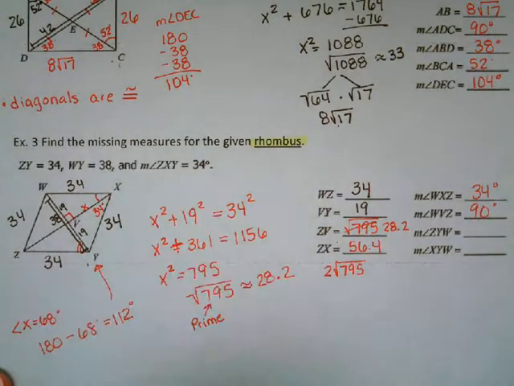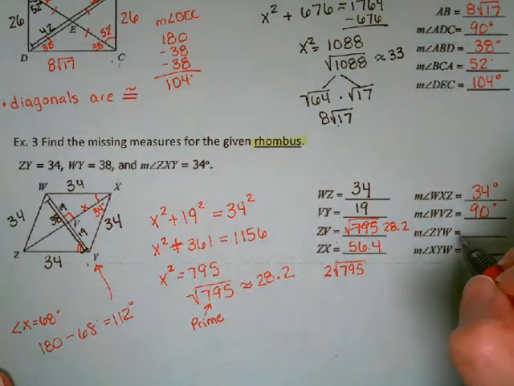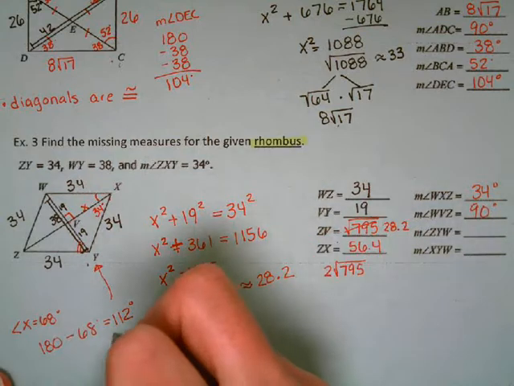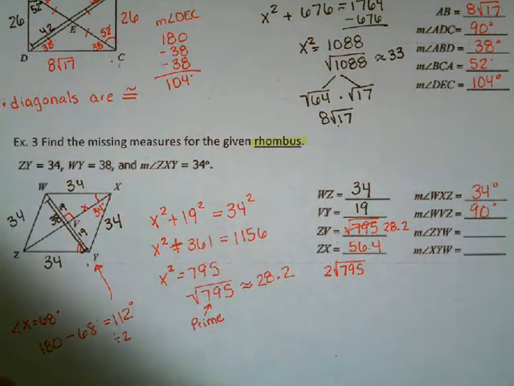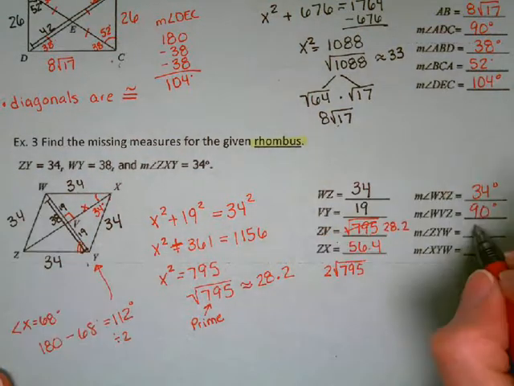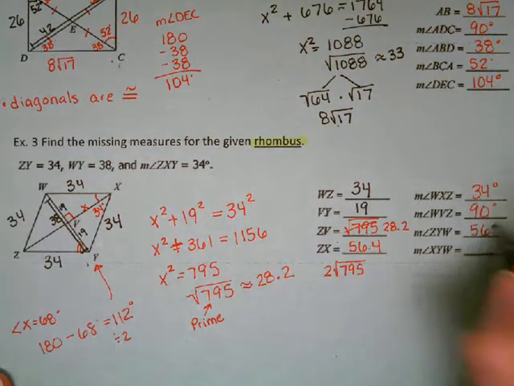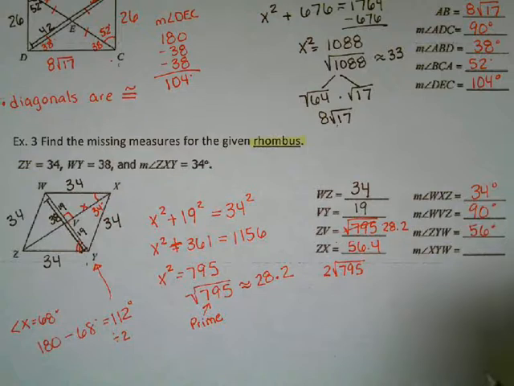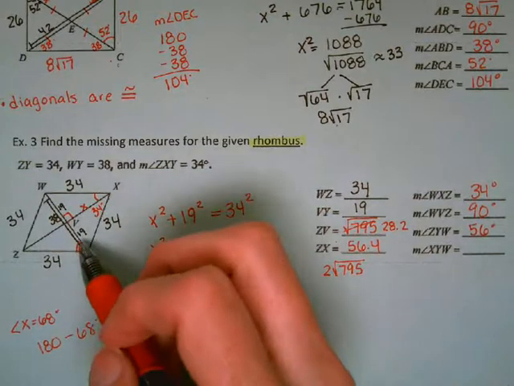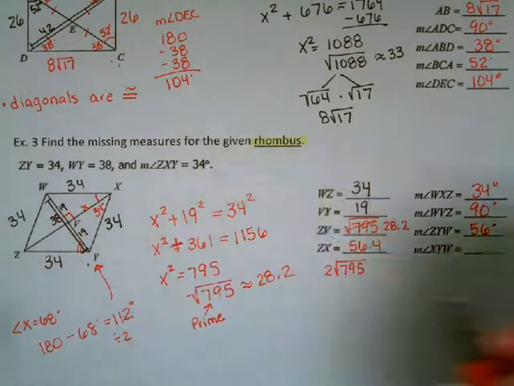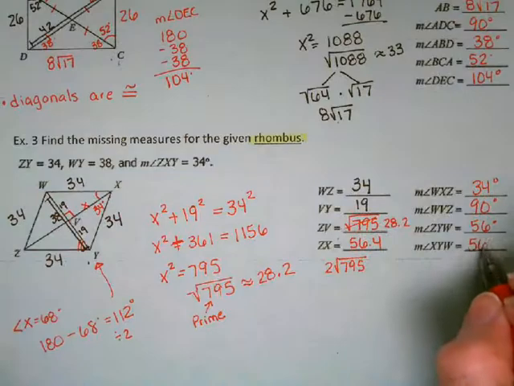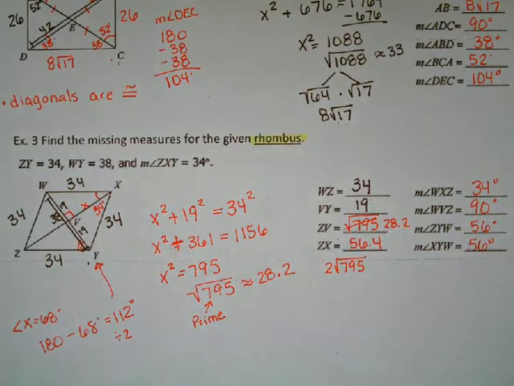So I'm going to divide that by 2. So I'm going to say this one is 56 degrees. Alright, and then XYW would be the other side of that, so that would also be 56 degrees. So applying all those properties we learned or looked at during the first day to solving for angles and sides, or parts.